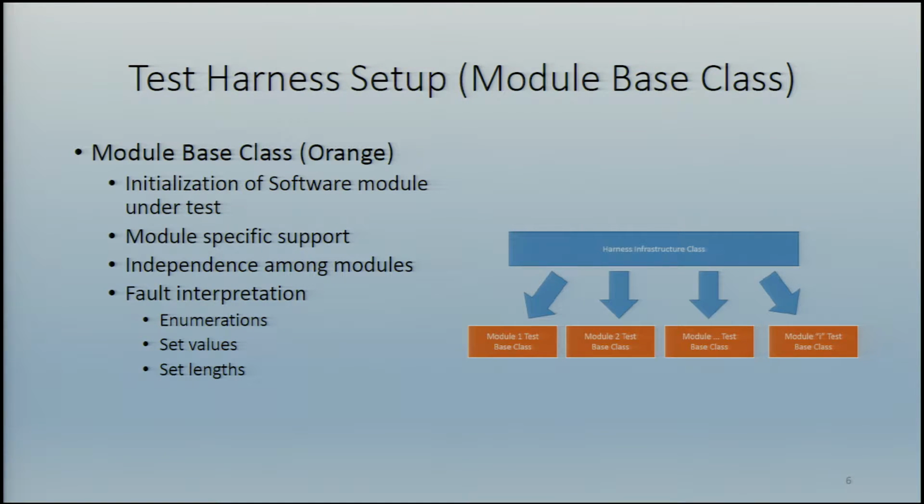The test harness setup. What we end up doing is we derive from the harness infrastructure. So for every module that you're trying to create, you derive a class from that harness infrastructure class. This class is where the initialization of the software occurs.